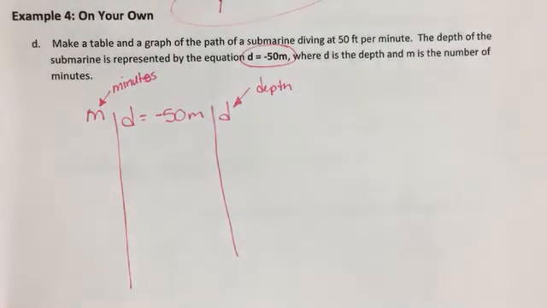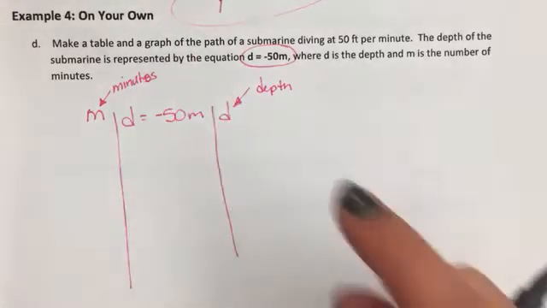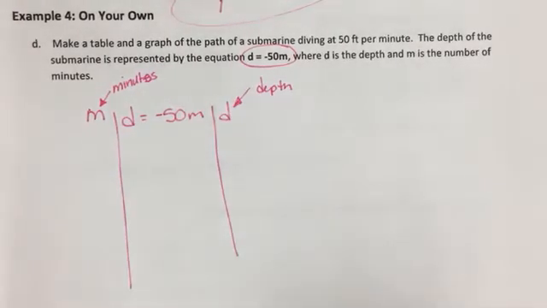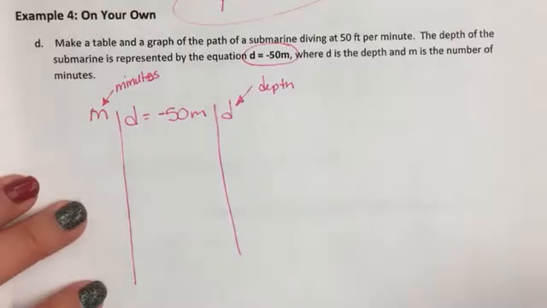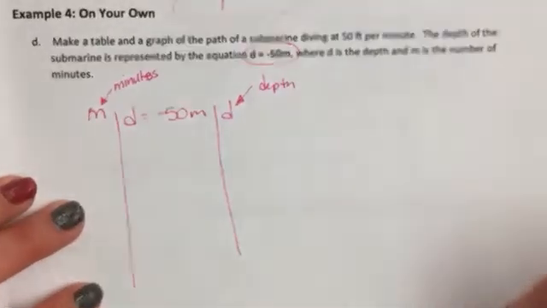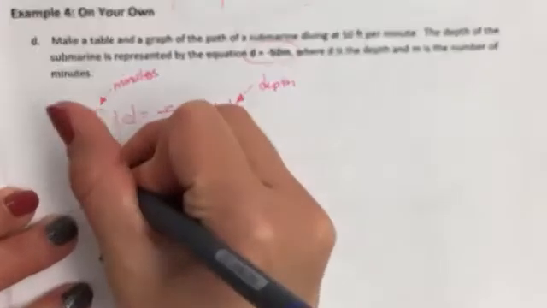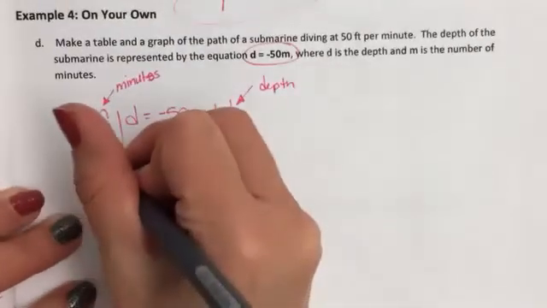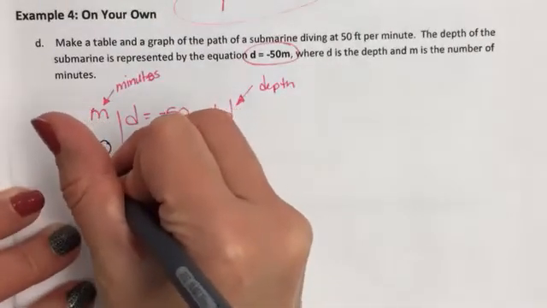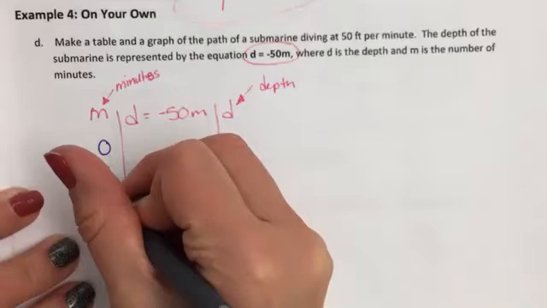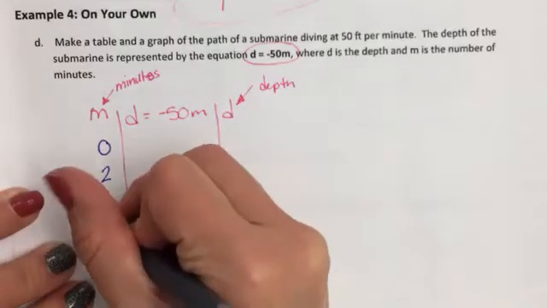So if we are doing a real problem and we're putting values in for minutes, are we going to use negatives? No. Do you really want to multiply by decimals or fractions, even though you could with a minute? I don't want to. So I would pick numbers that are nice to multiply. So for example, 0 maybe, and I could do 2, I could do 4 and 6.